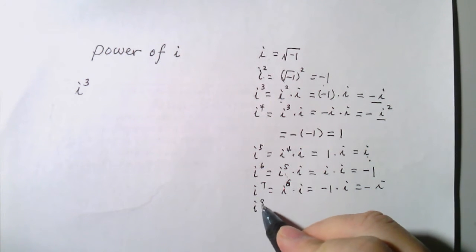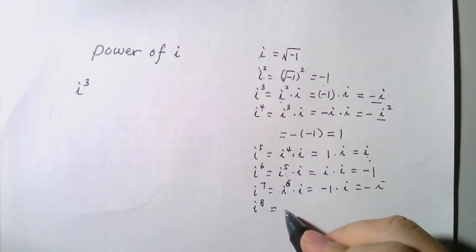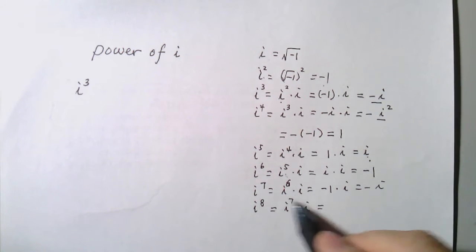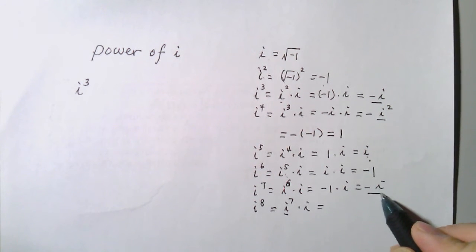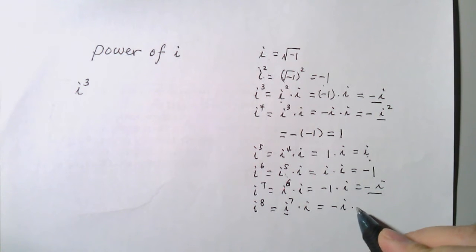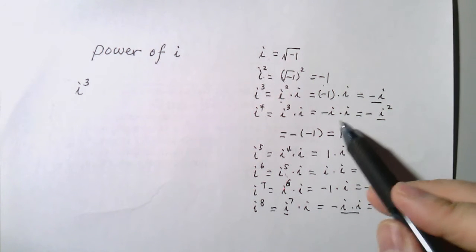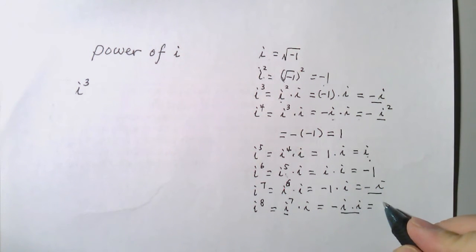i to the eighth equals i to the seventh times i, which gives us -i times i, and you can see that's the same as what we did here. So that's also equal to 1.